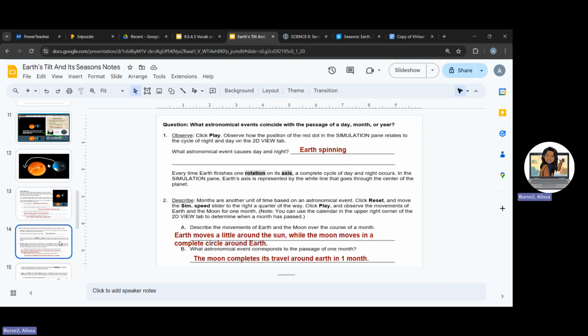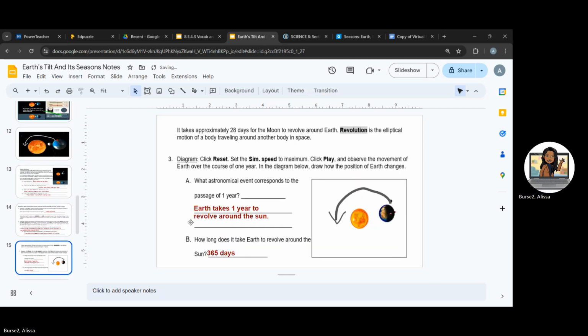We're going to look at the moon completing its travel around Earth in about 1 month. And so that's how we know when our month is over and we're ready to start a new month. But when we are ready to start a new year, that means the Earth has completed its revolution around the sun, that little lap that it needs to take. Again, usually that's 365 days.